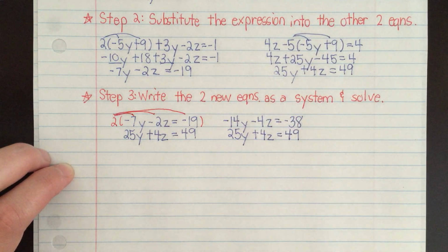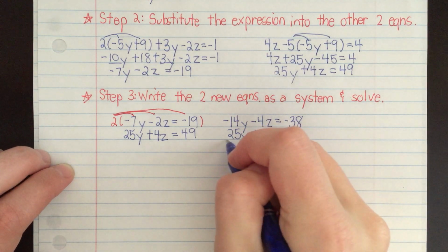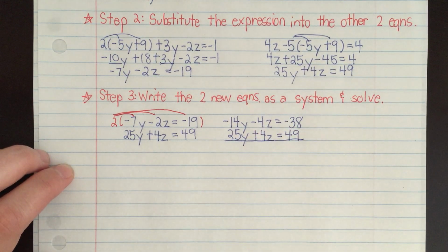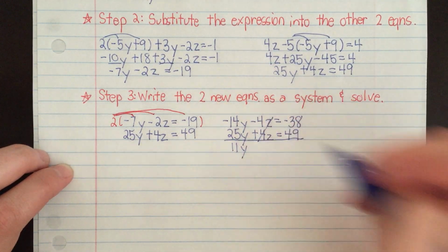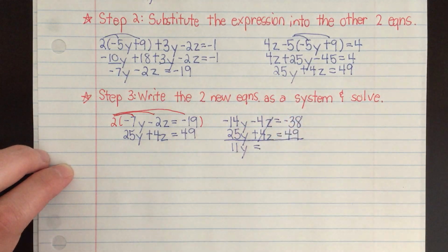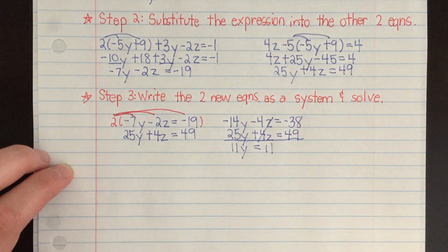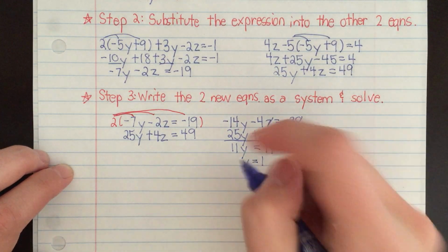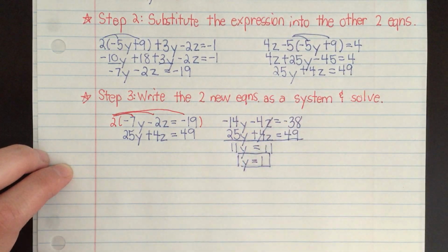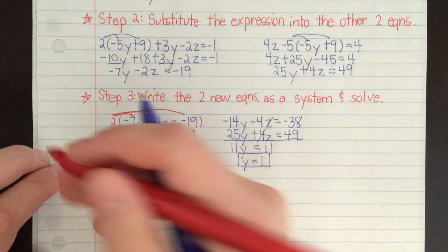Now when I add, I can use elimination, that's okay. When I add these, I get 11y, this cancels, equals 11. Then divide both sides by 11, and I get y equals 1. So I have finally solved for one of my variables.